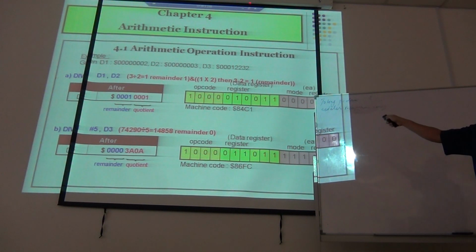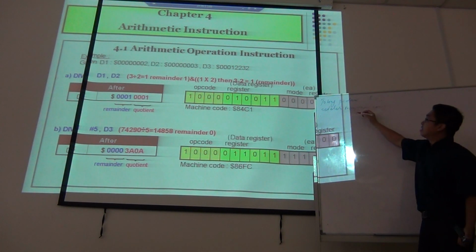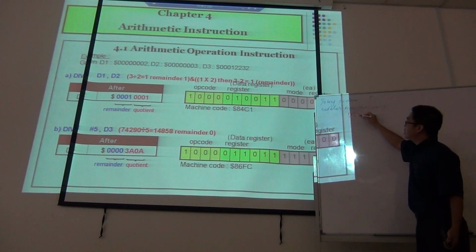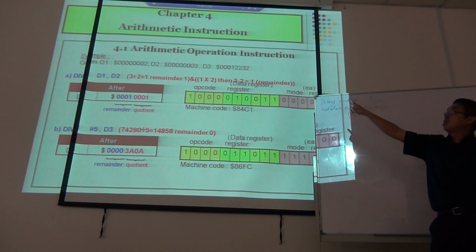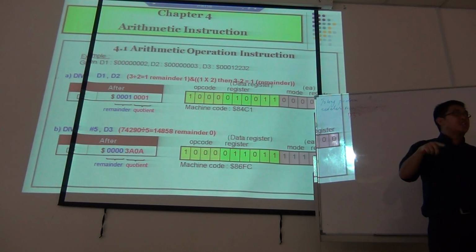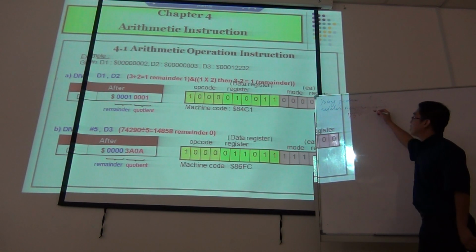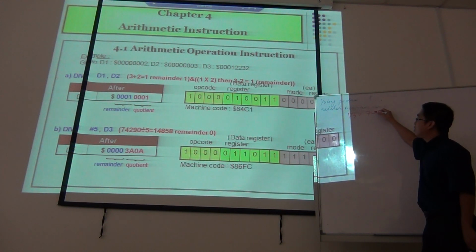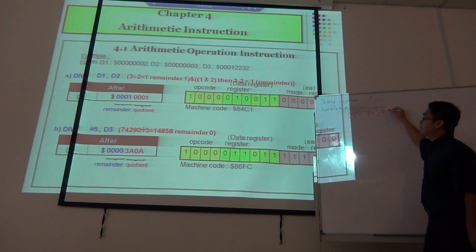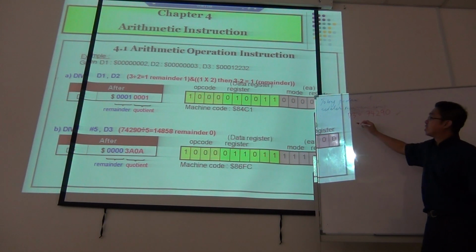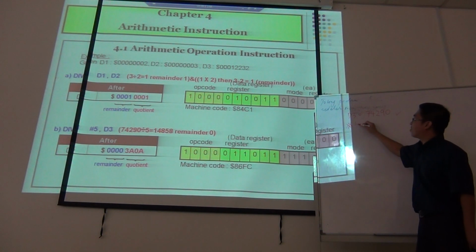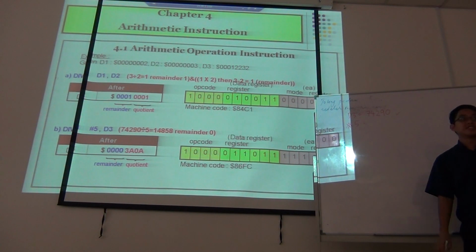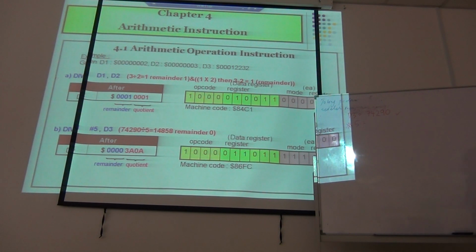Okay, now you just divide it. You just convert this number to decimal. So D3 in decimal is equivalent to what number? Can you convert for me? 12232 converted to decimal, what's the number? The number is 74290. Correct? So this is divided by 5. Just use your decimal base.